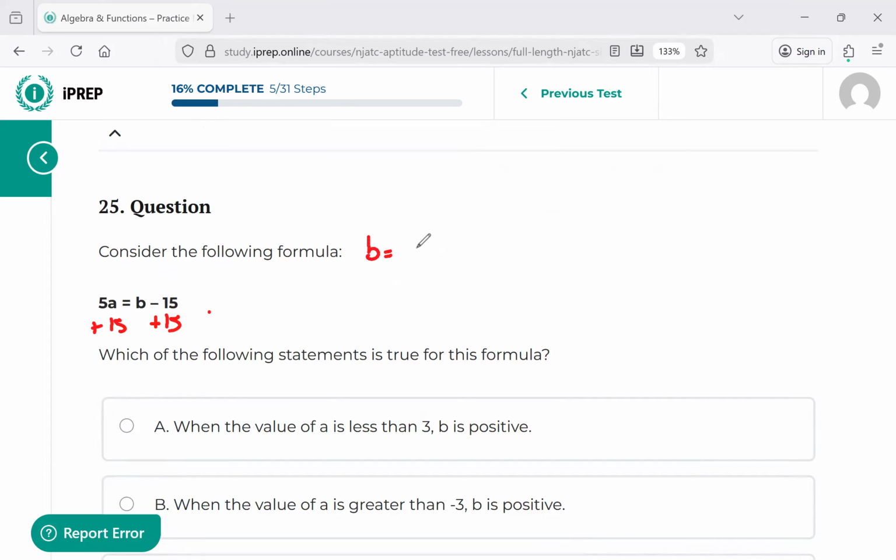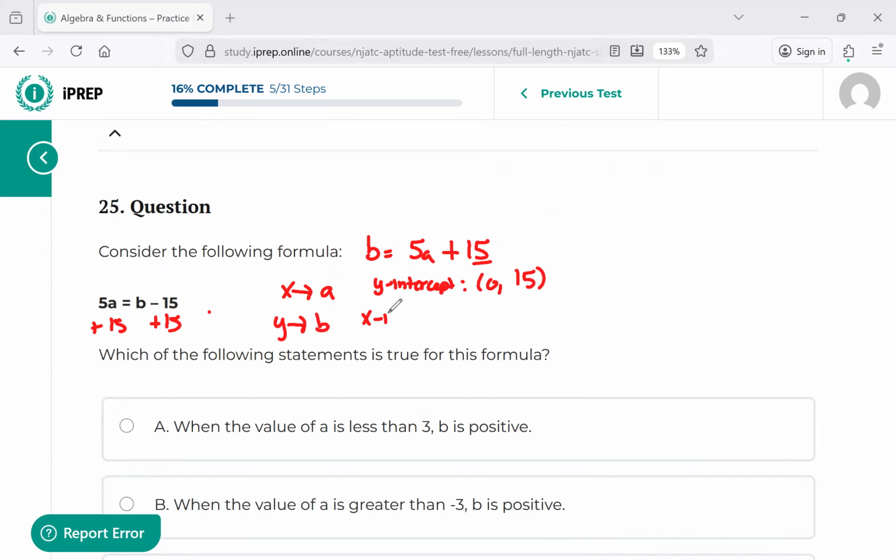So b equals 5a plus 15. Now this is definitely a linear line. My x is not really x, my x is really a. My y is not really y, my y is really b. Then I'm going to find the y-intercept and the x-intercept. The y-intercept is your b, which is 15.